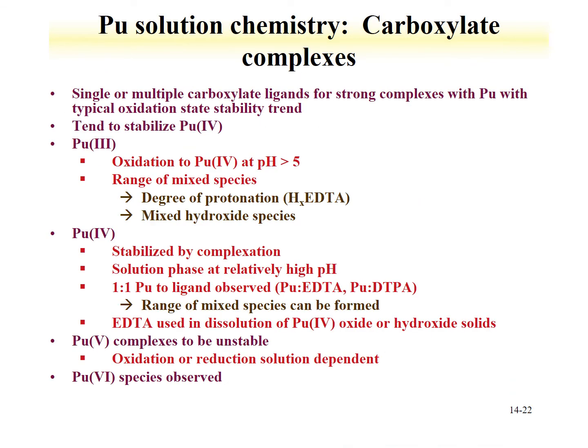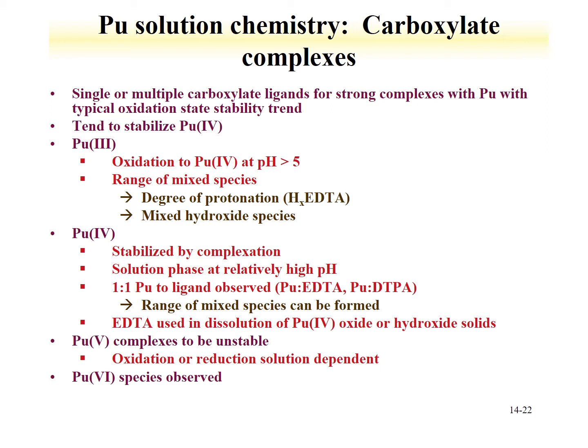Carboxylate containing organic acids are also important plutonium species. You can get single or multiple carboxylate ligands. They can form strong complexes with plutonium, and they have the typical oxidation state trend. For plutonium, they tend to stabilize the tetravalent states.